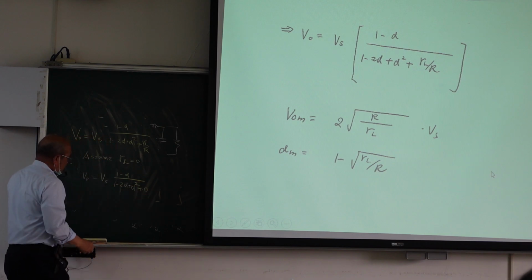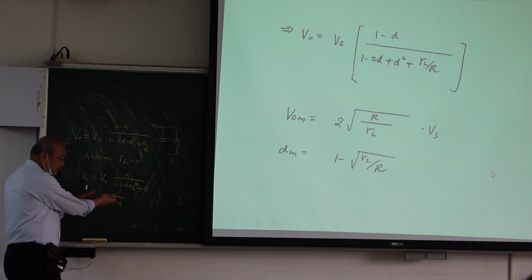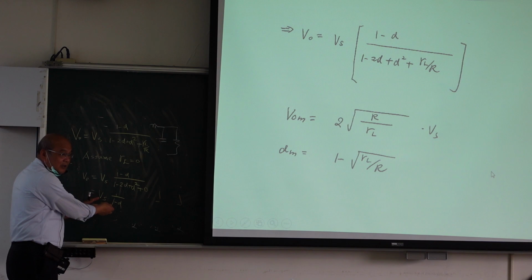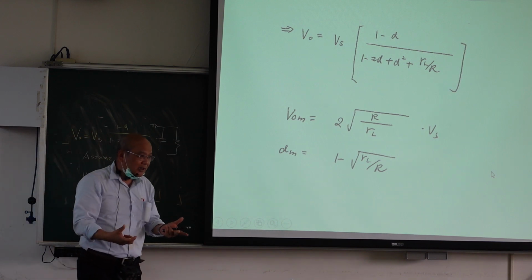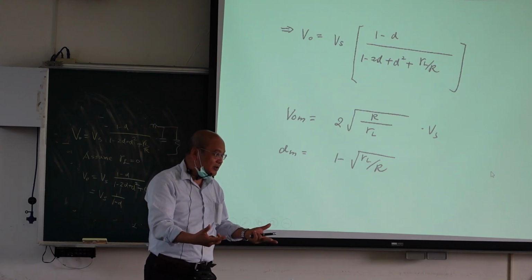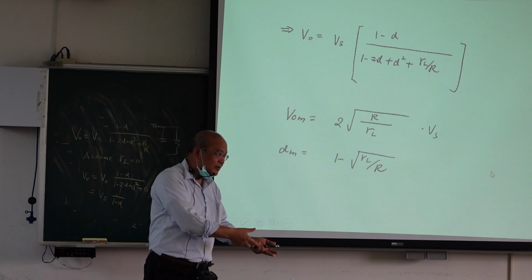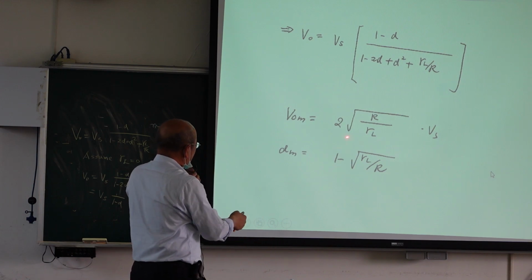This is 0. Then how about this one? So originally you have this formula, right? If RL is 0, it is equal to the original one. Then you can say, I can guarantee my result is correct, because I can go back, right? So if RL is 0, then this is the relationship.